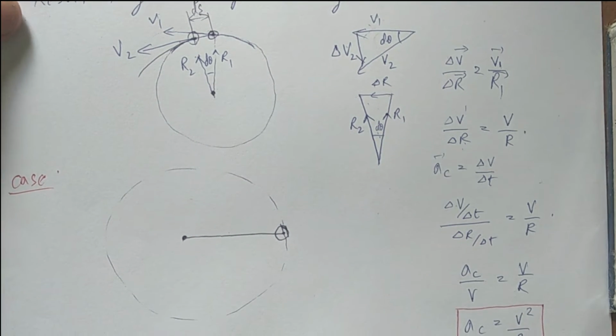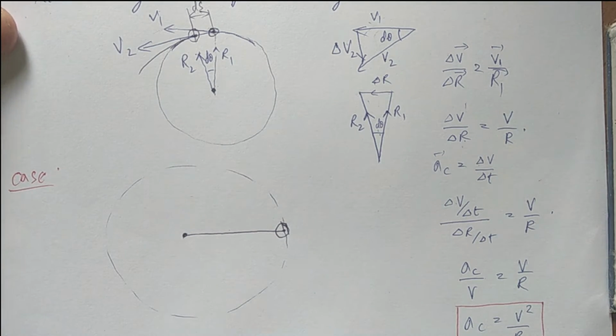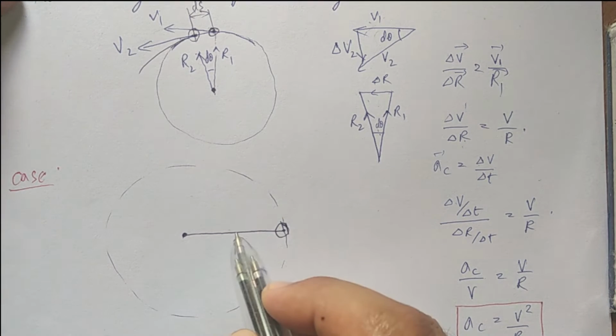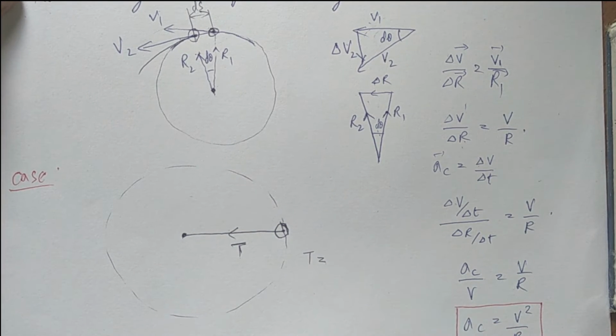So in this case, to maintain the circular path, there is a centripetal force. The tension force that is acting towards the center, this rope is trying to pull this object towards this center, and this tension force is the force that is causing the centripetal force.